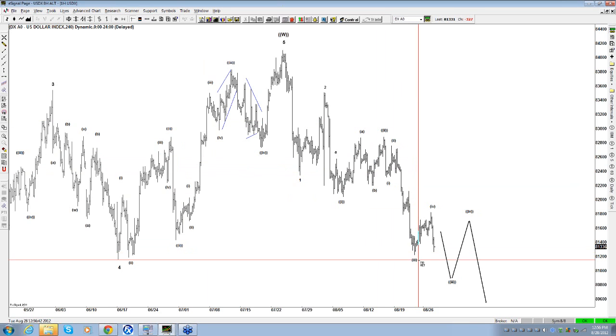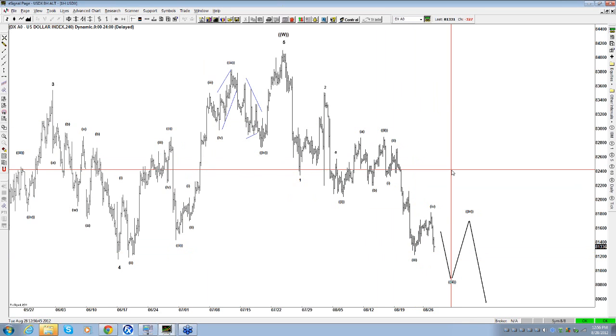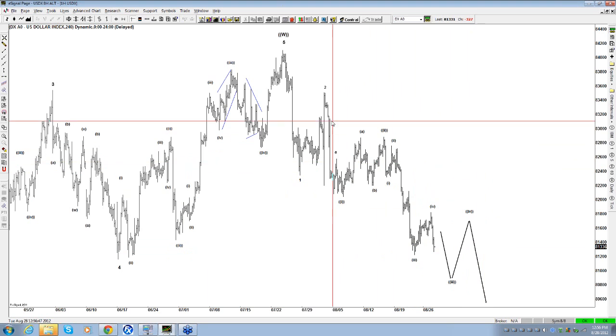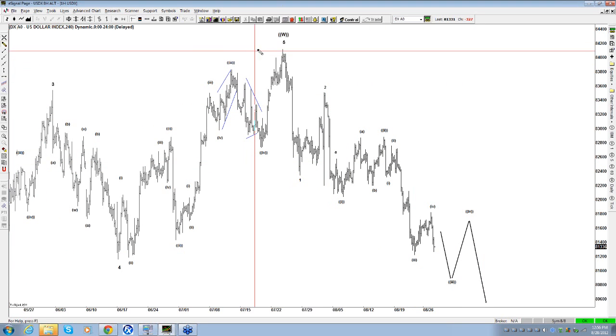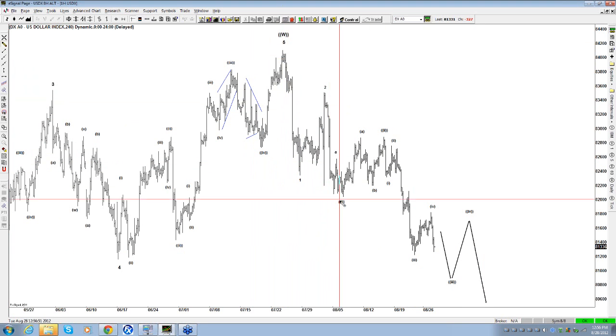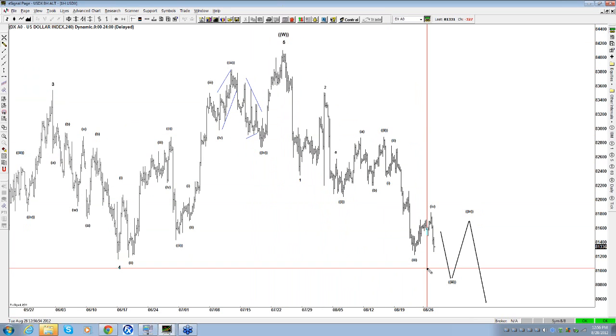If that's the case, you gotta keep favoring the downside, because technically you got 5 swings, 1 2 3 4 5 swings.